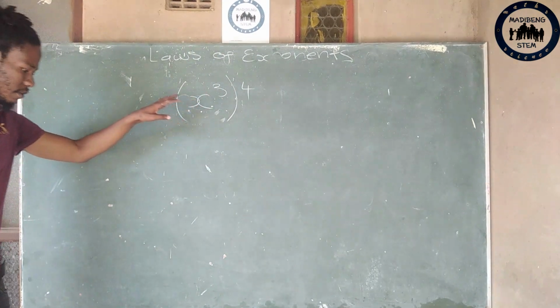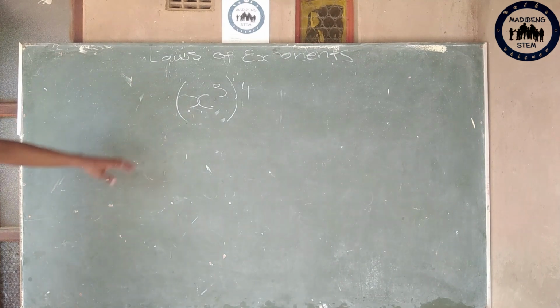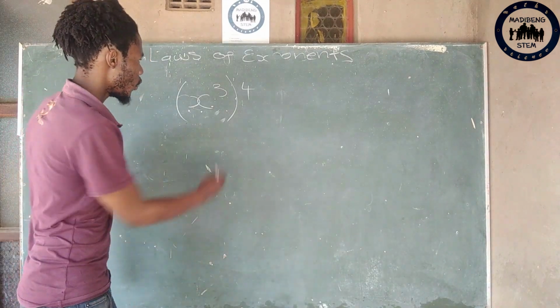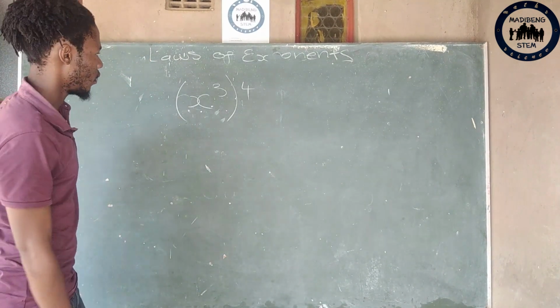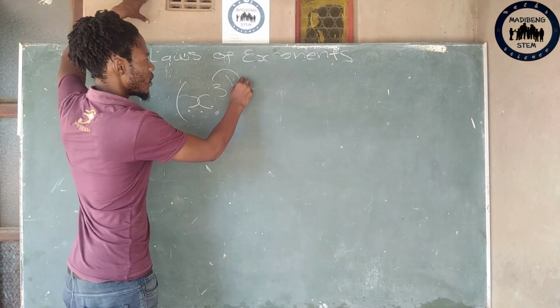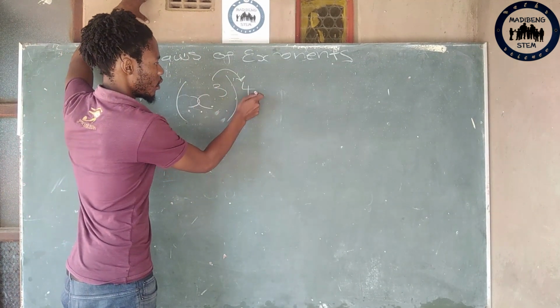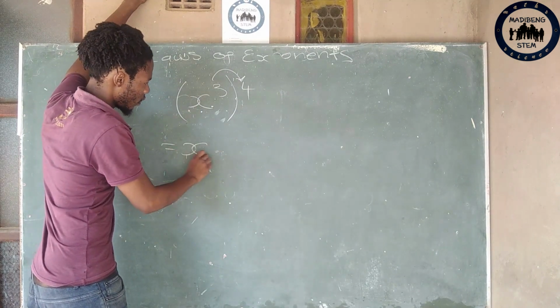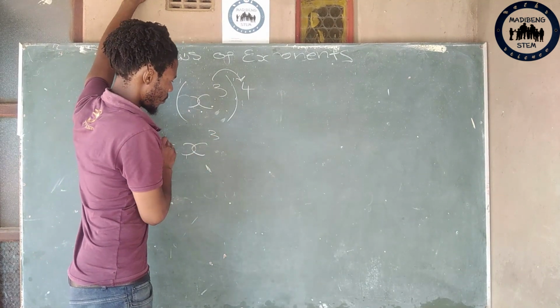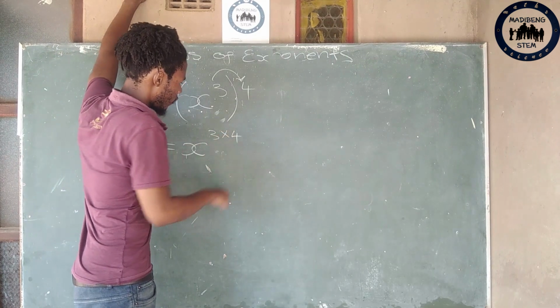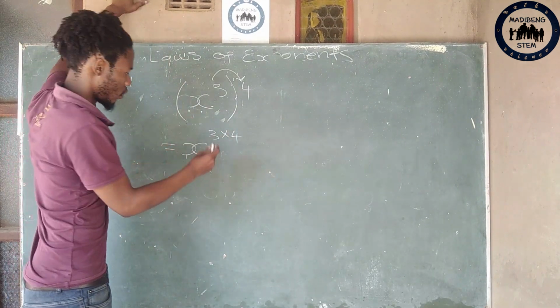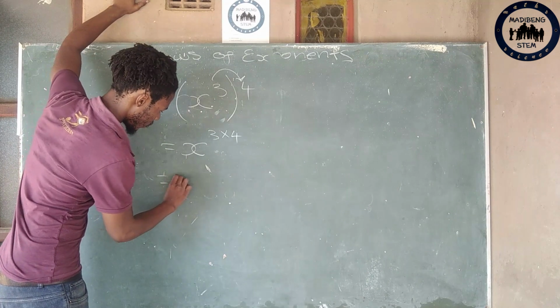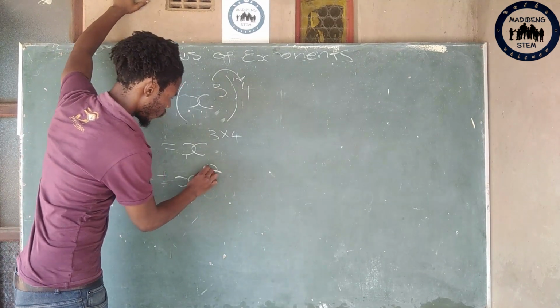This is the third law of exponents. How do you simplify this? You simply multiply this exponent with this outside exponent. So this is x to the power of 3 times 4. What is 3 times 4? 4, 8, 12. So the answer is x to the power of 12.